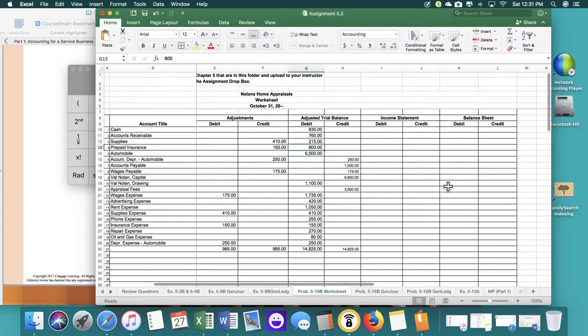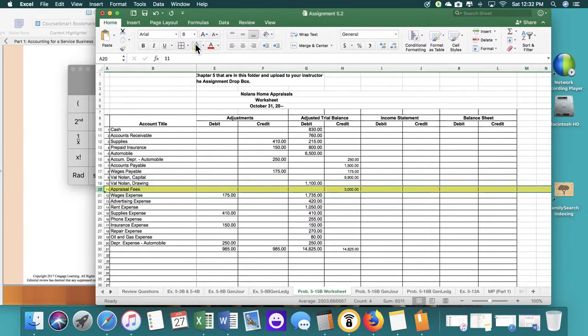The last thing you have to do for this problem is complete the income statement and the balance sheet. This is actually very simple from a 10-column worksheet. Your revenue account, in this case, which is appraisal fees, this account and below goes directly on your income statement.